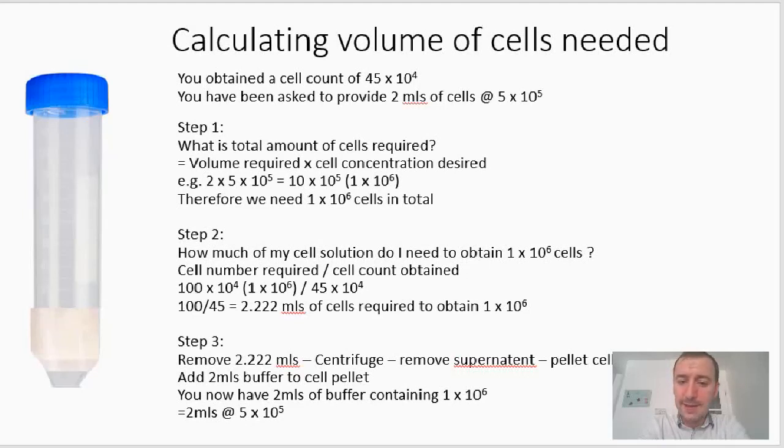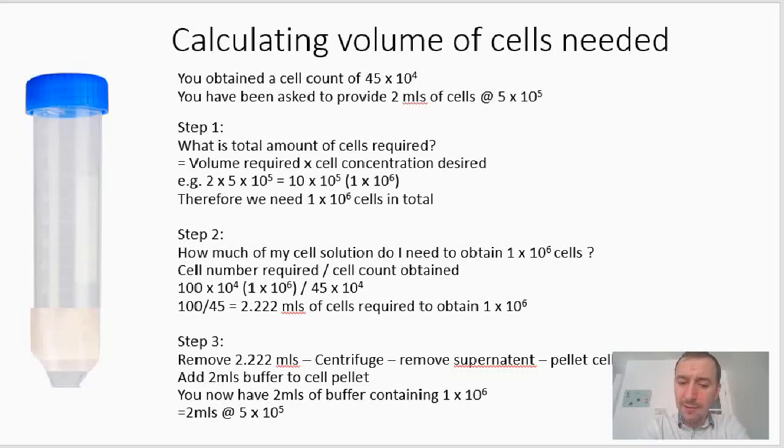Step 3. Remove the 2.222 mils of cells, place them into a centrifuge tube, centrifuge them, remove the supernatant, and when you remove the supernatant, at the bottom of the tube you'll have the pelleted cells. And with the pelleted cells at the bottom of the tube, simply add 2 mils of buffer to resuspend the cells.